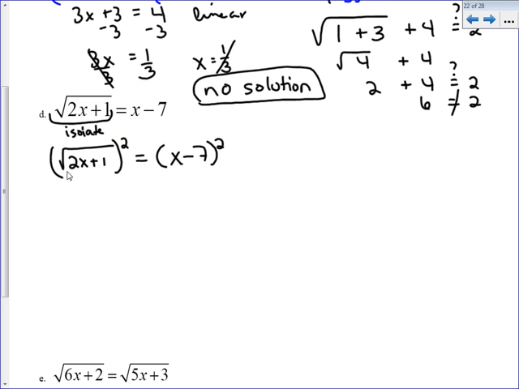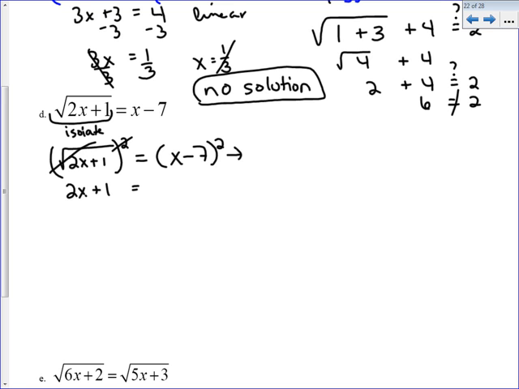So on the left side, what am I going to get? Square root of 2x plus 1, squared. 2x plus 1. That one's easy, because those two things cancel each other. On the right side, though, I heard a couple different things. What did you say, Christy? Okay, what did you say, Napoleon?